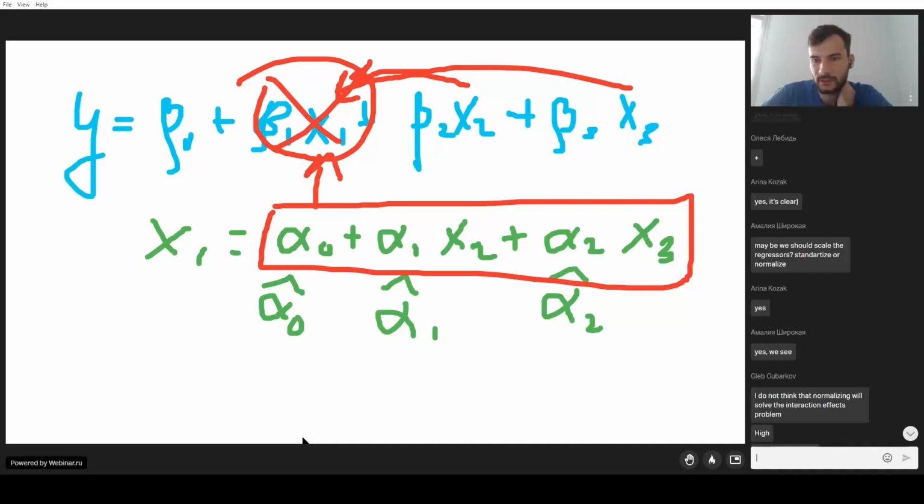So if R squared in our second regression is high, which means that x1 can be well explained by x2 and x3, then you drop this regressor from the analysis because you just don't need it. You can explain everything by other regressors.